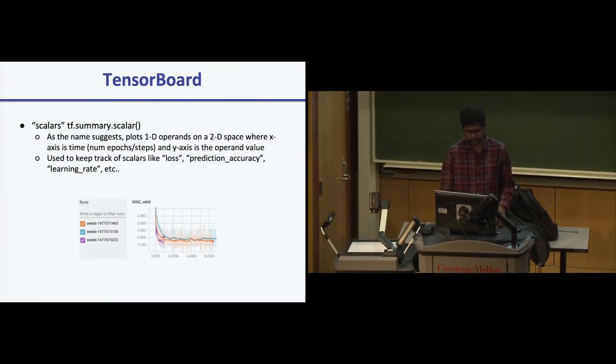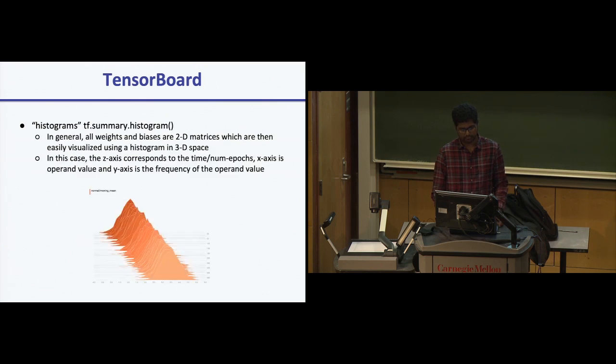It's used to keep track of scalars like the loss, the prediction accuracy, your learning rate if you're decaying the learning rate, your weight decay or the L2 decay parameter, and other one-dimensional scalars that you would have throughout your training. We'll go through all these things from the notebook once I go through these slides.